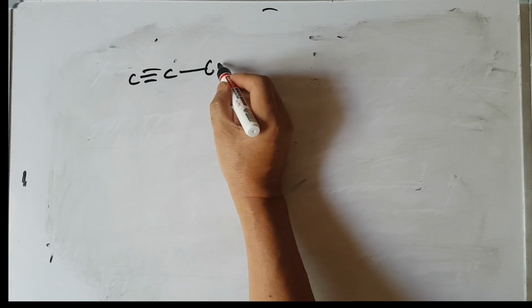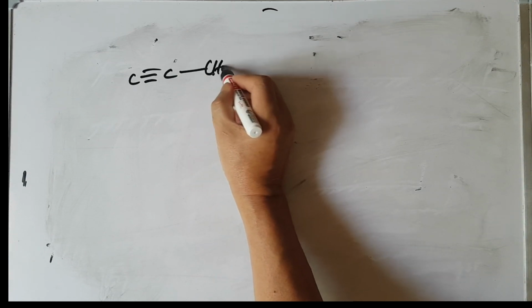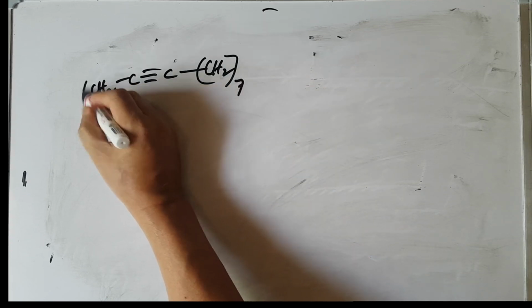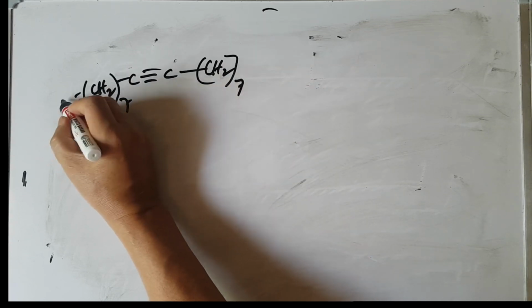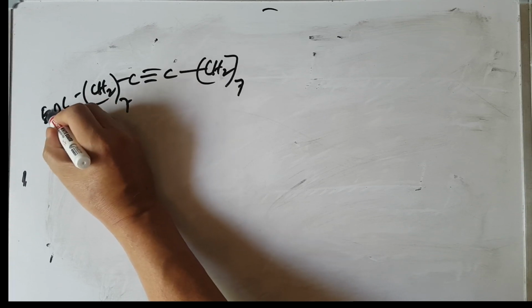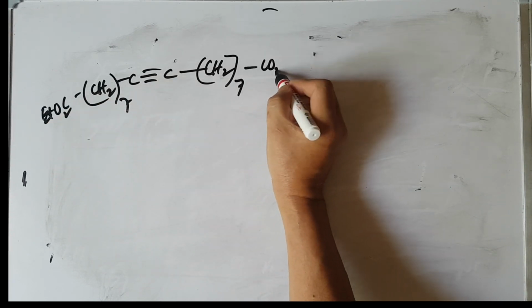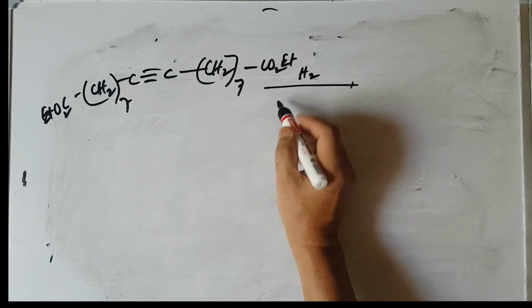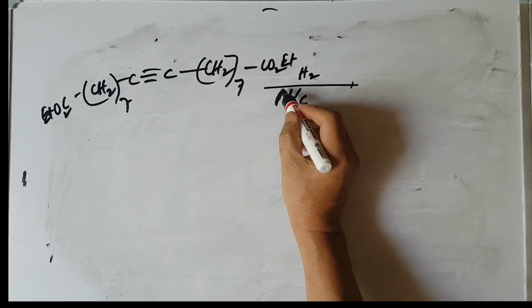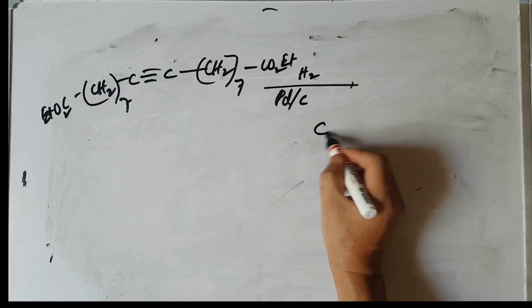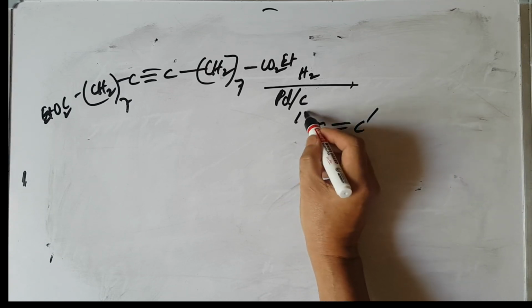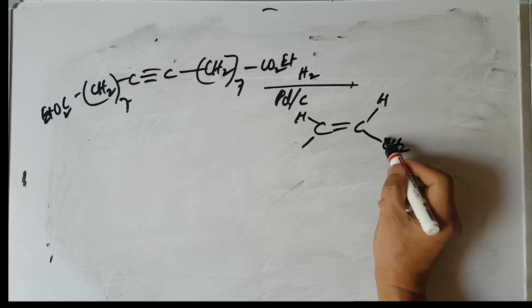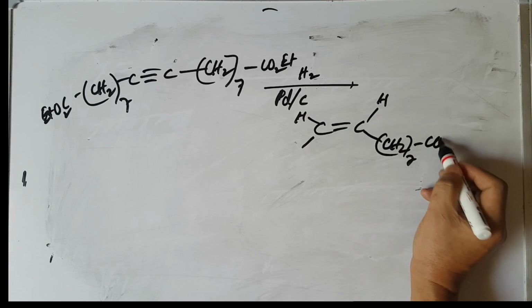Say CH2 7 CO2Et here, also CH2 7 CO2Et. When you undergo hydrogenation in the presence of palladium on charcoal, they also give the cis olefinic compound, CH2 7 CO2Et.